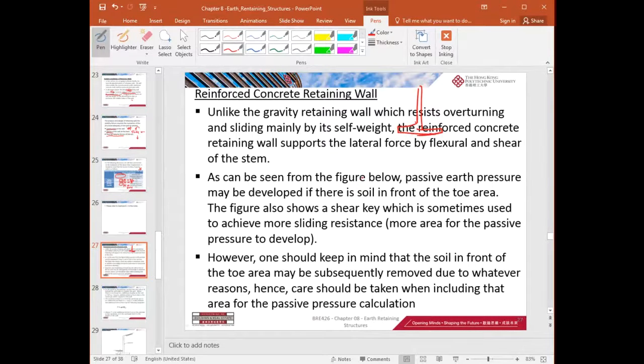The weight is not too high, right? It's not that heavy. So you have to rely on this piece of soil, right? So when you are going to analyze, right, for the RC retaining wall, you have to take into account the weight of soil here. It will retain. It gives you a stabilizing effect, right?